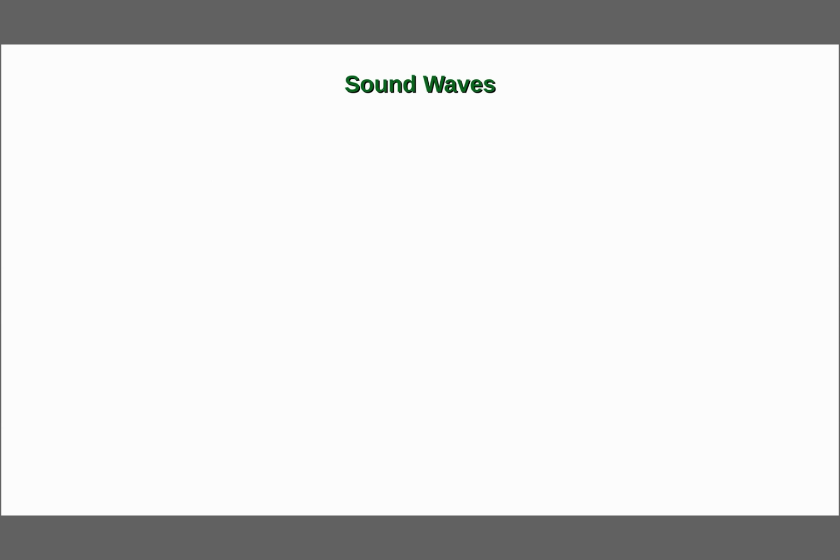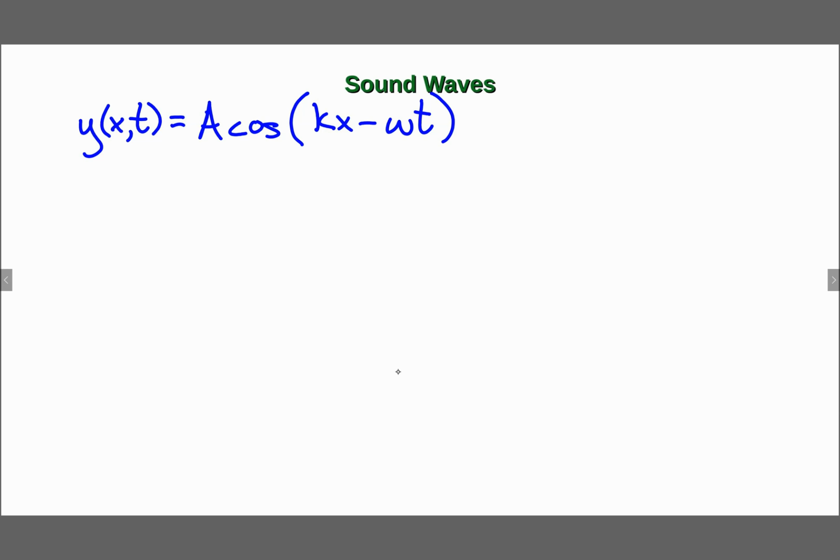And the wave function for these waves is just like for the waves on a string. So for a wave traveling in the plus x direction, we have y(x,t) equals A cosine(kx minus omega t). But the difference here is that y is in the same direction as x, okay?